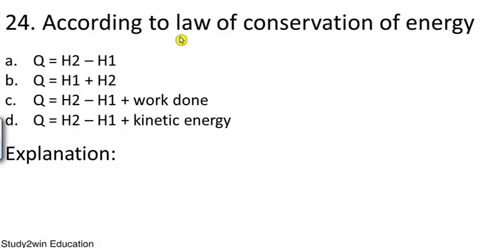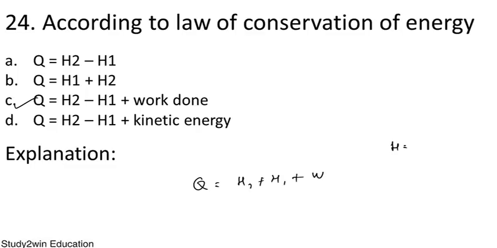Question number 24. According to the law of conservation of energy: Q is equal to H2 minus H1, Q is equal to H1 plus H2, Q is equal to H2 minus H1 plus work done, Q is equal to H2 minus H1 plus kinetic energy. Option C is correct. Why? Because Q is the heat, H2 and H1 are forms of energy, and work done is also a form of energy.